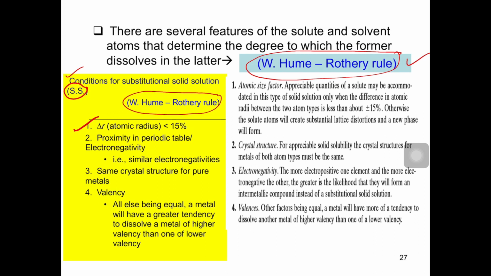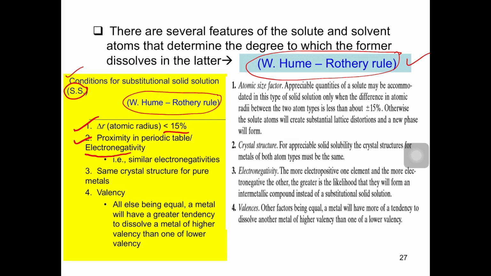The first one is the atomic radius, or atomic size factor, which must differ by less than 15% from each other. That means for material A and material B in the mixture, the atomic size difference must be less than 15%. That's a must, remember that. The second is electronegativity.